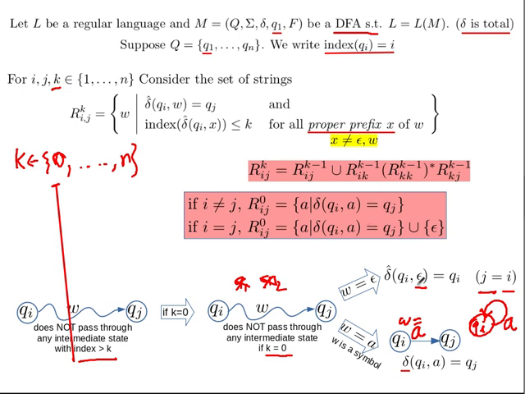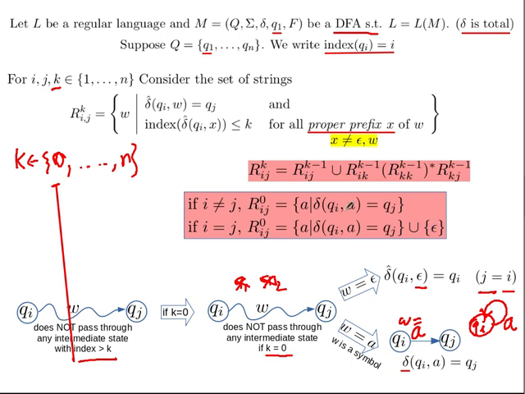So this is what defines the case for Rij 0. So you see, if i equals j, then you can have this sort of transition. It's going from qi to qi, but i equals j. And it can also have epsilon, right?